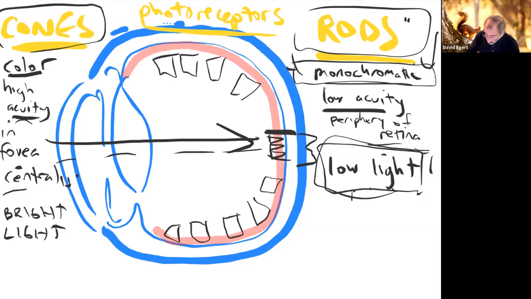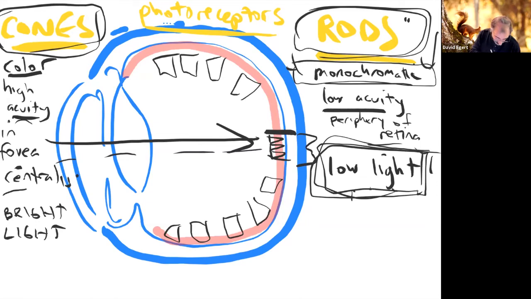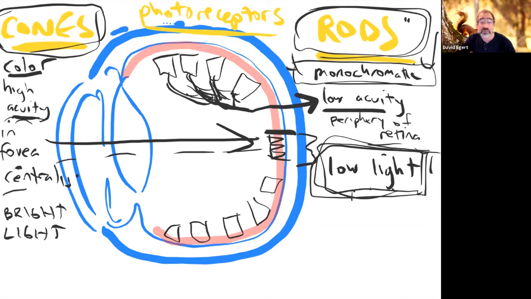So part of the way the rods and cones do their thing, the rods tend to have a lot of convergence. Like a lot of rods will all end up becoming one axon, leaving the eye down the optic nerve. We talked about the ganglion cells doing the axon.